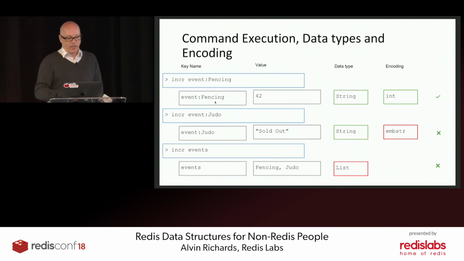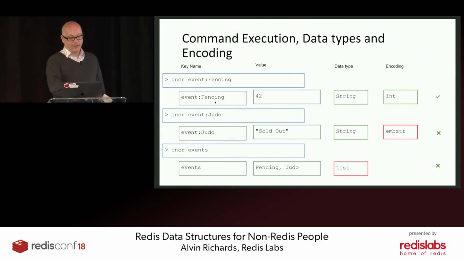So if we look at doing something, we're going to take our first command, which is doing an increment of this key called event fencing. All right, so if we look at the value, it's got a value of 42, its data type is string, and so the increment command operates against string data types, so that's good. And then the encoding is an integer, so an increment can increment an integer, so that's a valid thing to do.